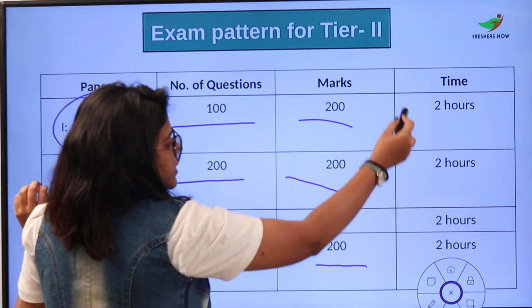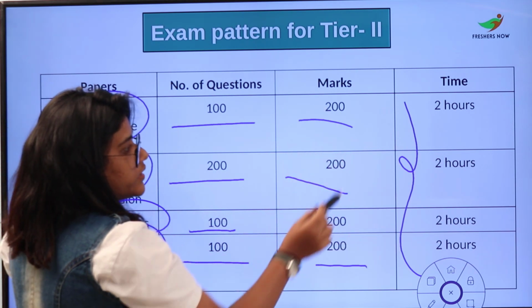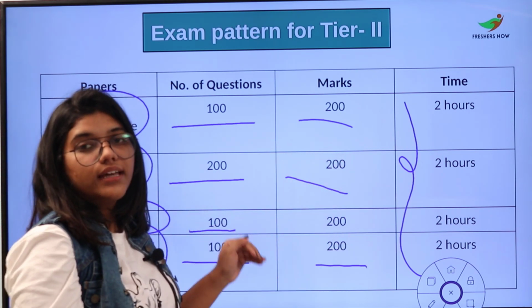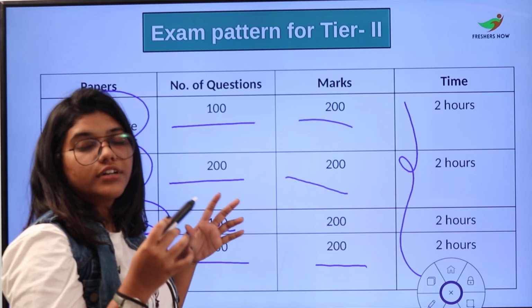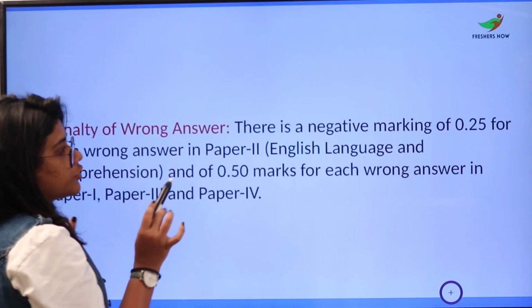The time duration is as follows, which is mentioned here on the screen. All the sections will be given 2 hours individually, so that you can have a set time limit on your own. Now remember the penalty for the wrong answer.